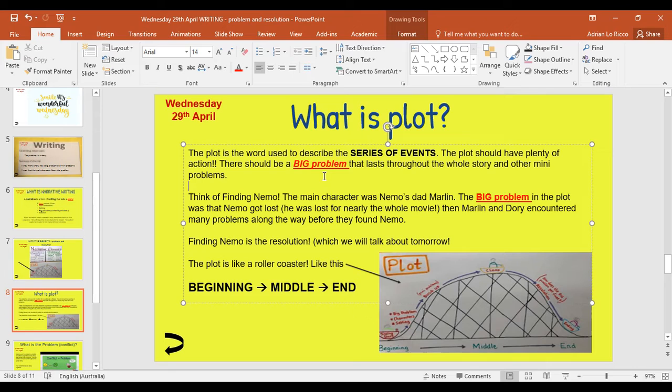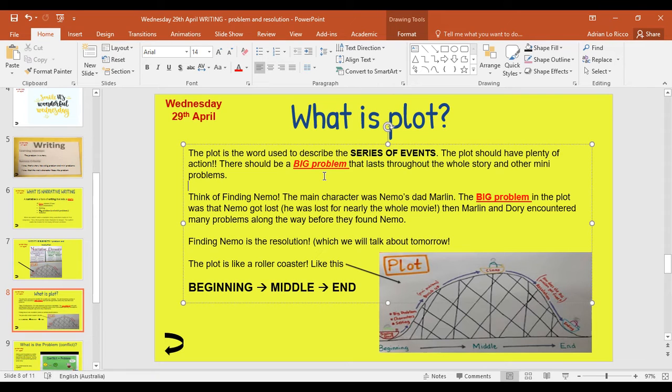So we're going to think of the movie Finding Nemo. With the movie Finding Nemo, the main character actually isn't Nemo. It's not Nemo because they were finding Nemo the whole story. The main character was Nemo's dad, Marlin. And the big problem in the story wasn't the shark. The shark was actually one of the mini problems. The big problem in the story, or in the plot, was Nemo got lost.